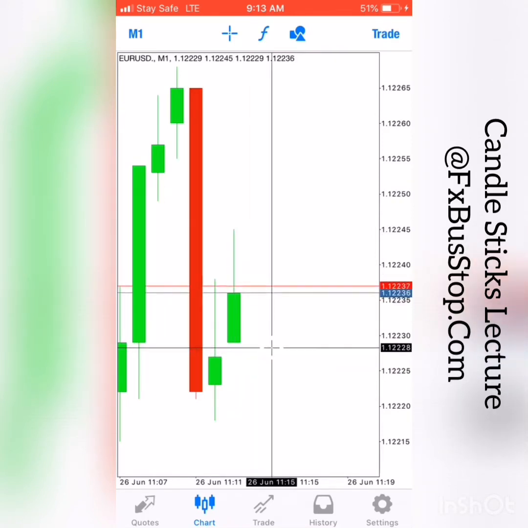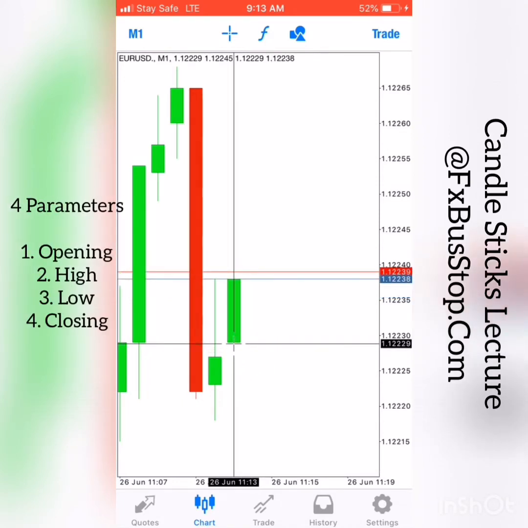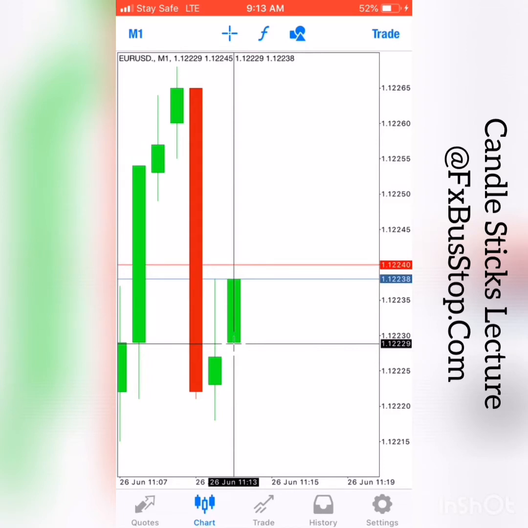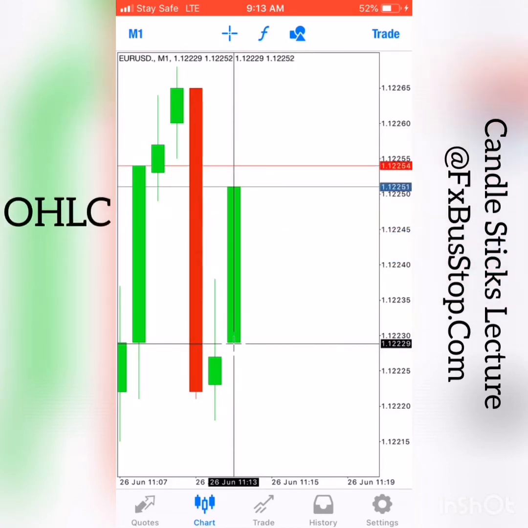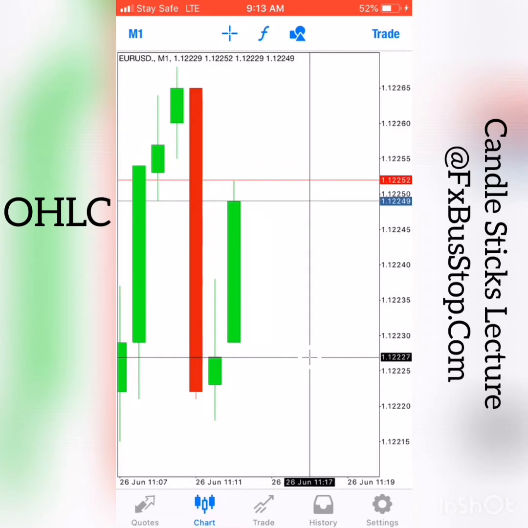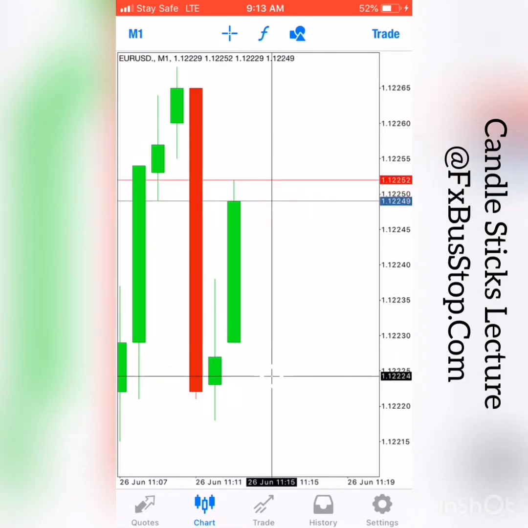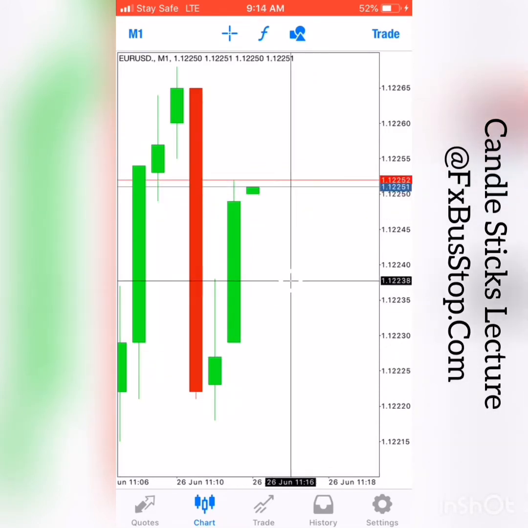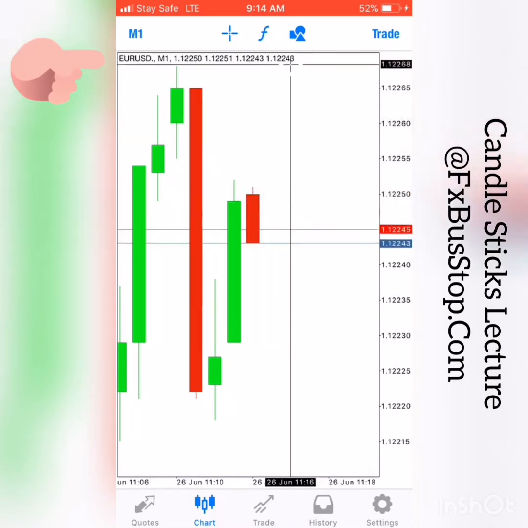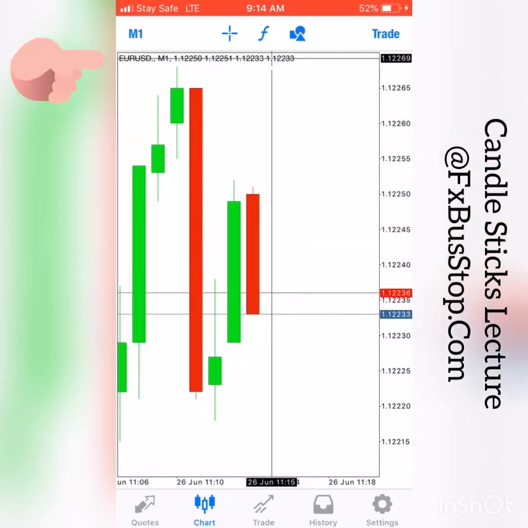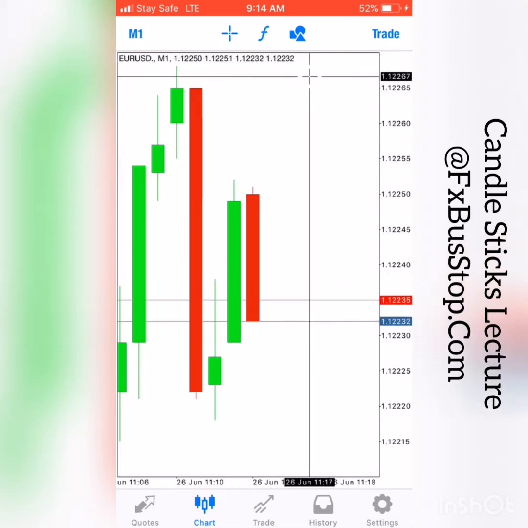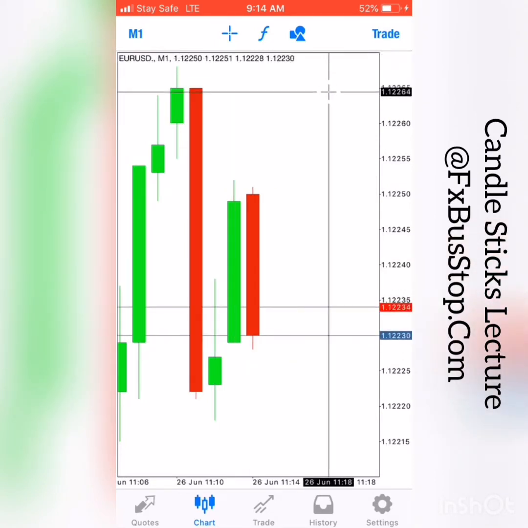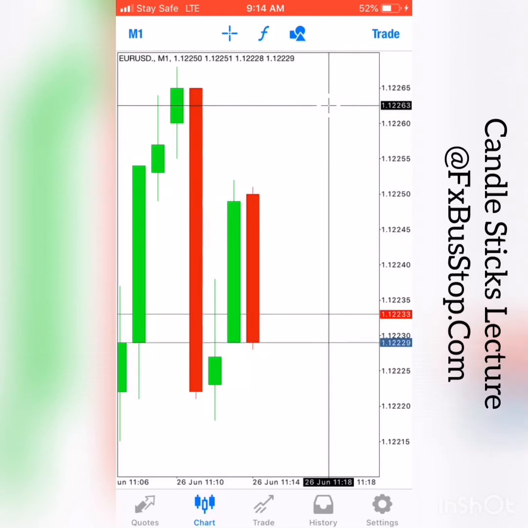Every candlestick you see has 4 parameters, which are the opening price, the highest price, the lowest price, and the closing price, abbreviated as OHLC. The OHLC of each candlestick is displayed at the top left hand corner of my screen. If I raise my cursor up to that level, you can see the candlestick parameters right there.